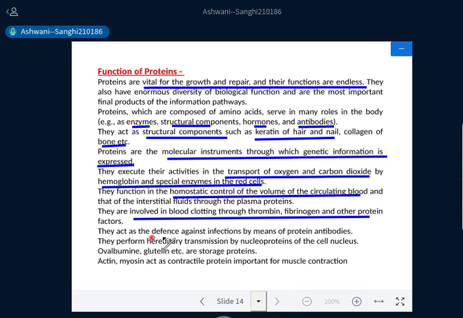Proteins also act as defense against infection by means of protein antibodies which fight against antigens. Proteins perform hereditary transmission by nucleoproteins of the cell nucleus. Ovalbumin and glutenin are storage proteins. Actin and myosin act as contractile proteins important for muscle contraction.